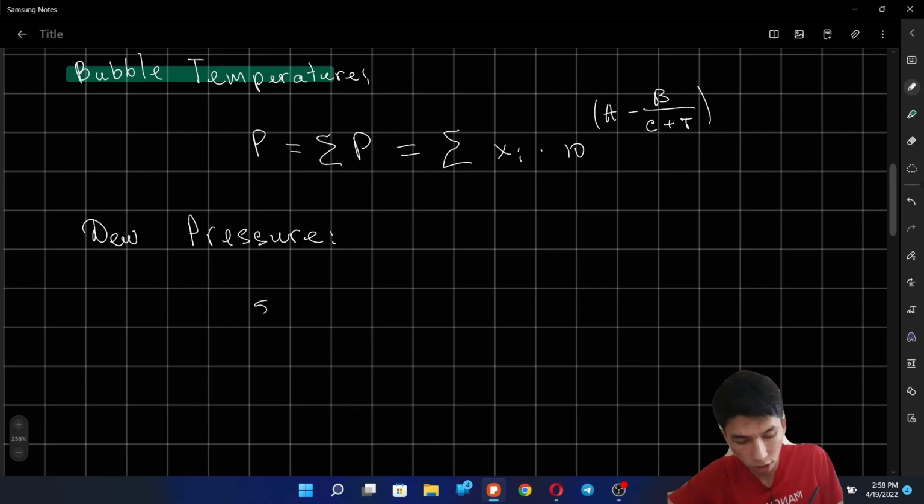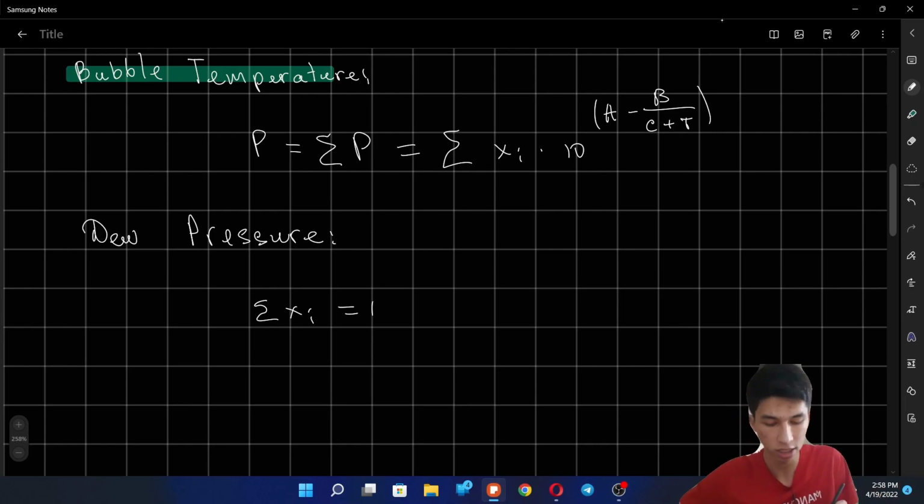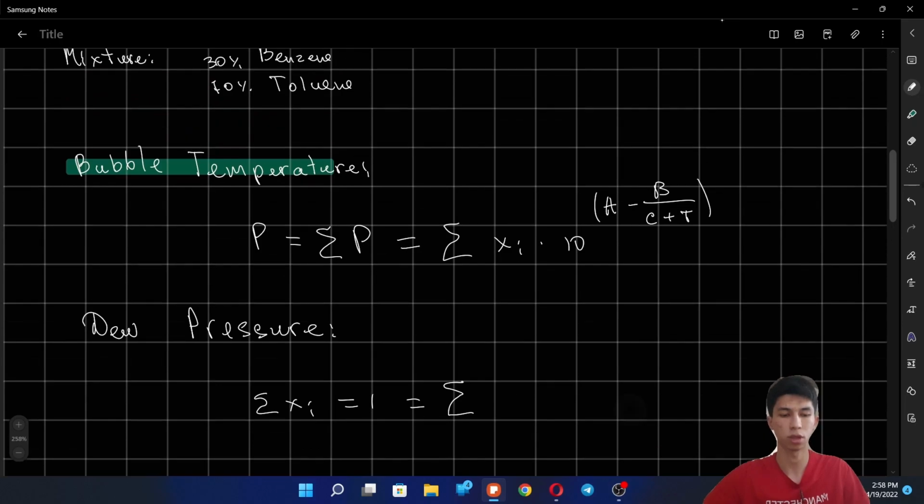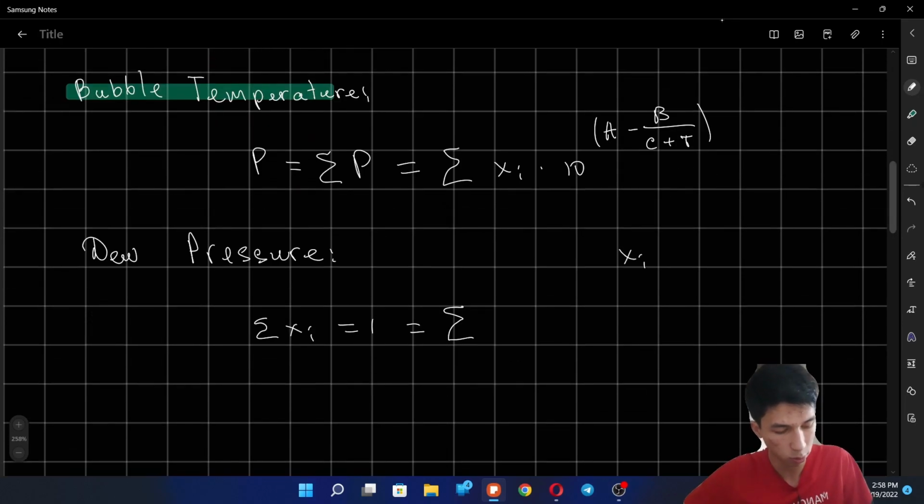So our sum of xi should be equal to 1, and from Raoult's law, if we solve for xi, we will have the equation: yi, the mole fractions of components in vapor phase, times the pressure over the pure saturation pressure.